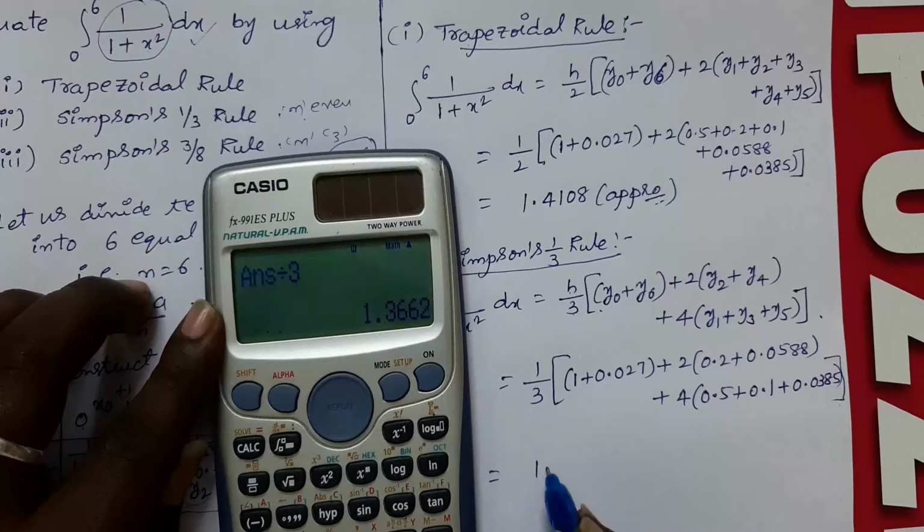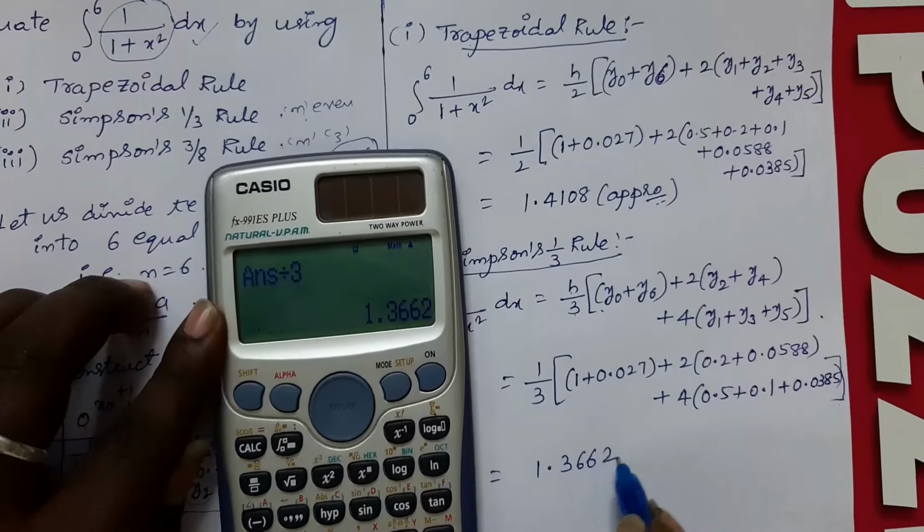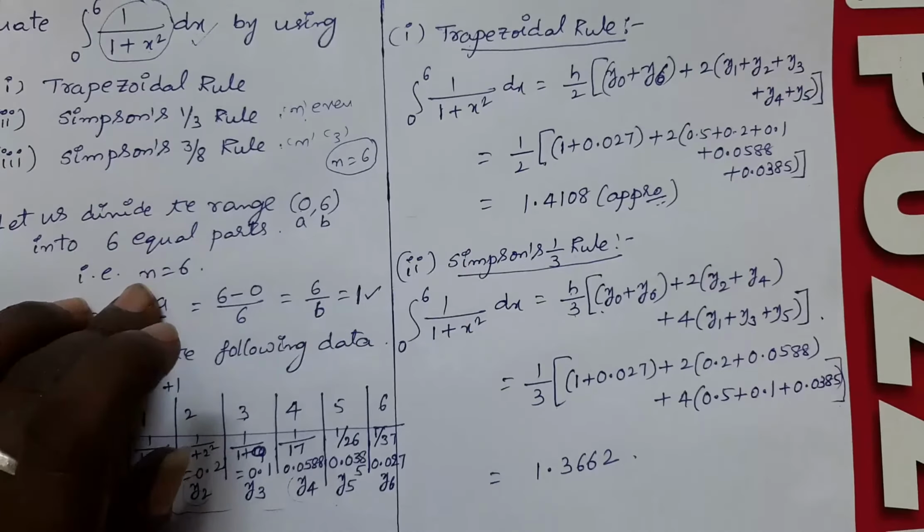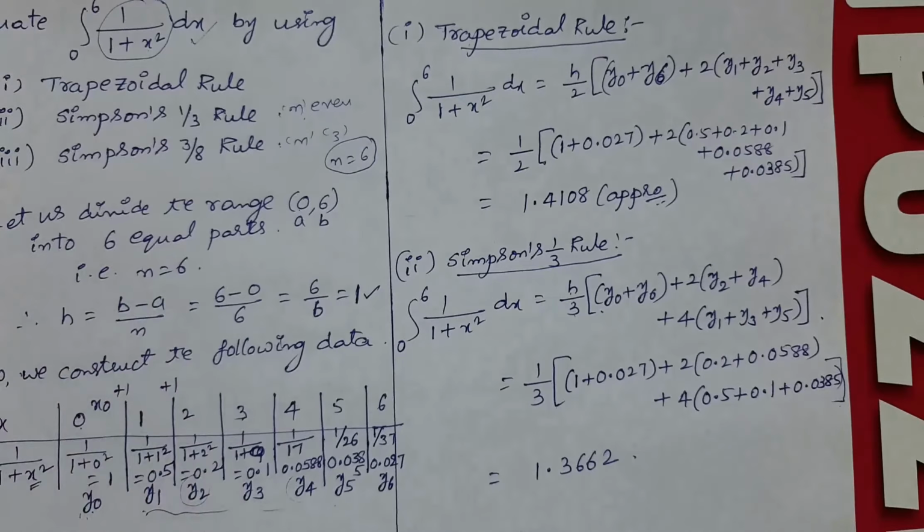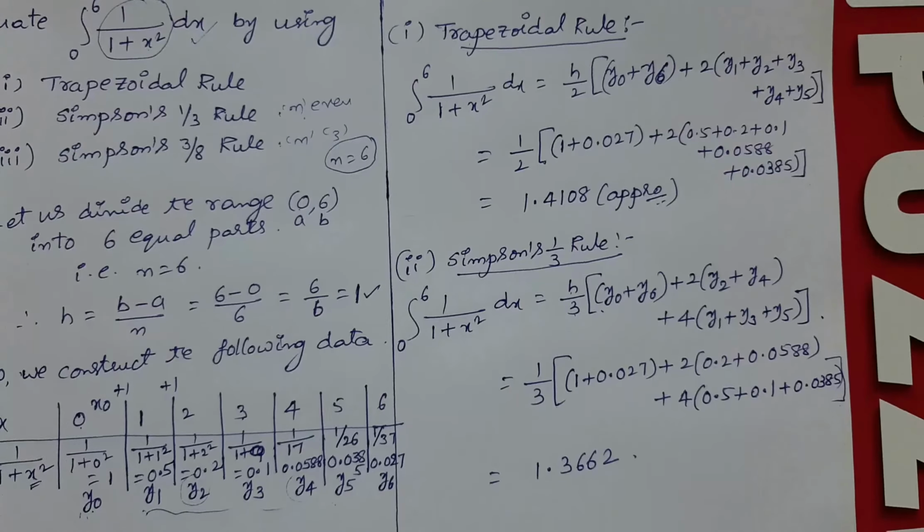You will get 1.3662. Now it is enough to calculate the given definite integral value by using Simpson's 3/8 rule.